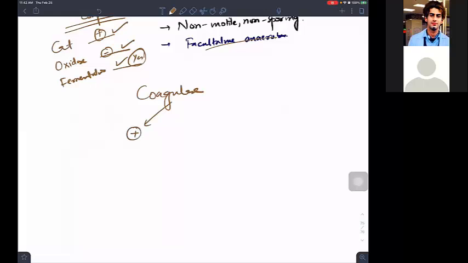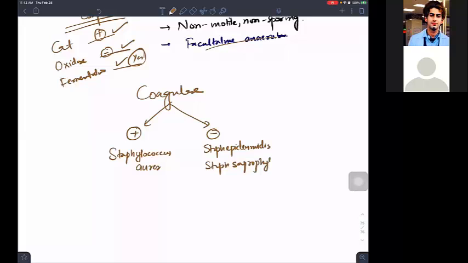Coagulase positive is Staphylococcus aureus. And who is coagulase negative? There are two species, Staph epidermidis and Staph saprophyticus. Then further on we are dividing them on the basis of novobiocin sensitivity. This is also done.